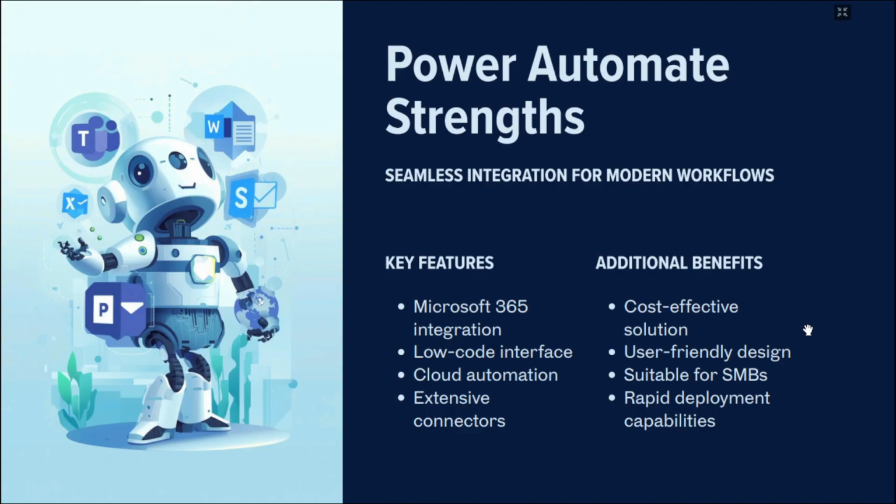Additional benefits: cost-effective solutions is one of its key strengths, as the licensing fee of Power Automate is quite low compared to UiPath. If you want to check the licensing fees of the UiPath tool, there's a separate video you can watch.